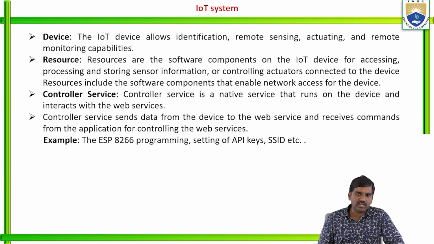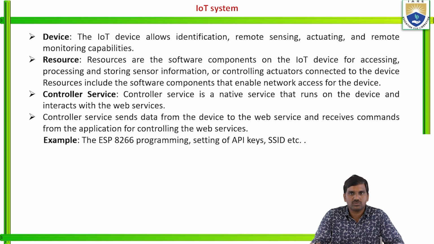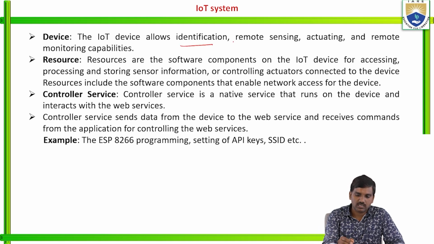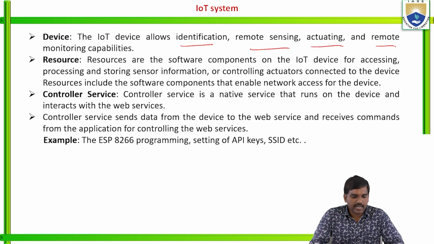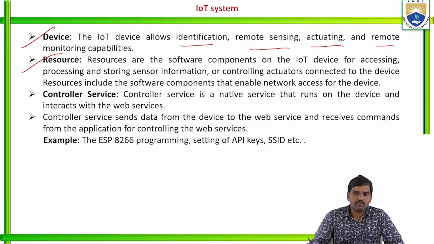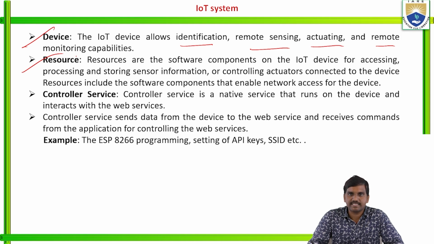So what is a device, what is a resource? An IoT device allows identification, remote sensing, actuating, and remote monitoring capabilities. By using the resources, we can implement the analysis among the IoT devices.